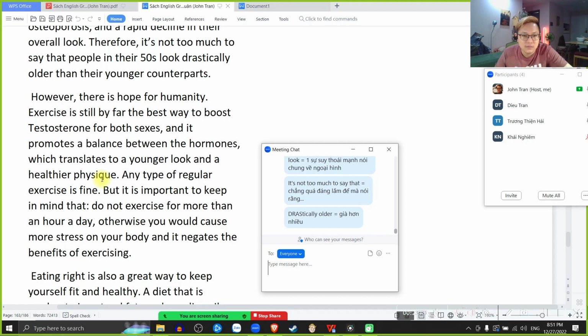Otherwise, you would cause more stress on your body, and it negates the benefits of exercising. Okay, very good. Negates. You know, negates is the verb of the word negative. Từ negative tính từ thì ra động từ là negates. It's related, you know.